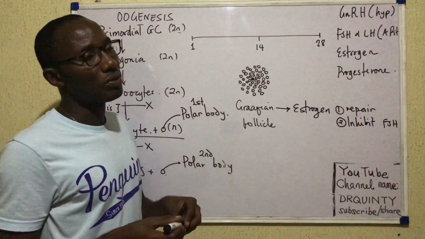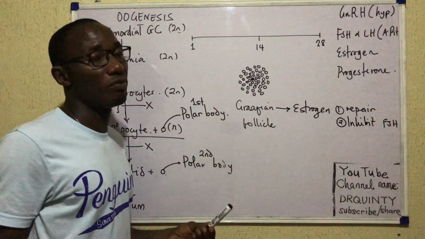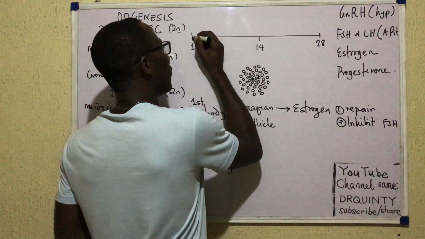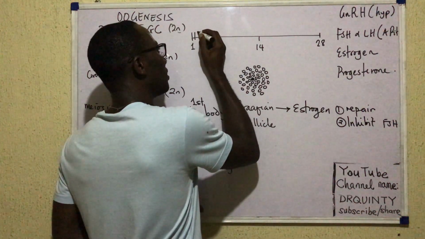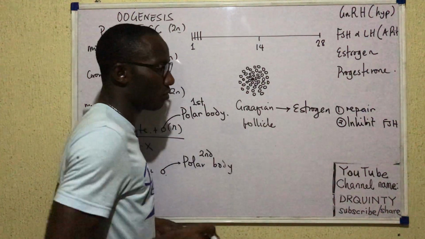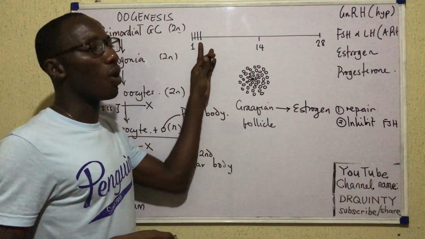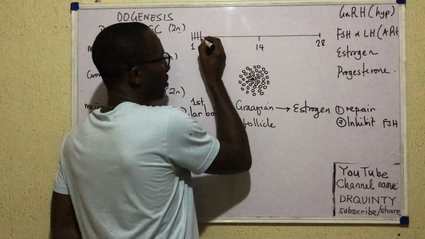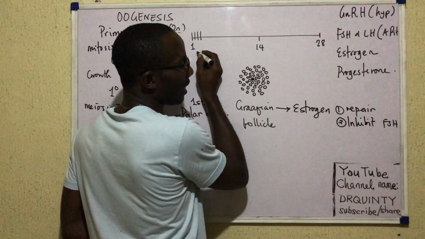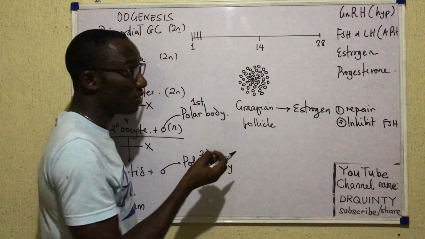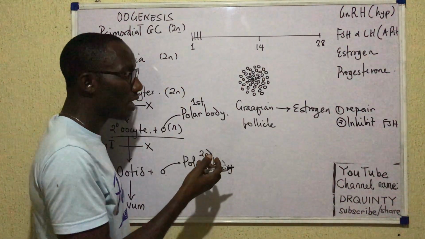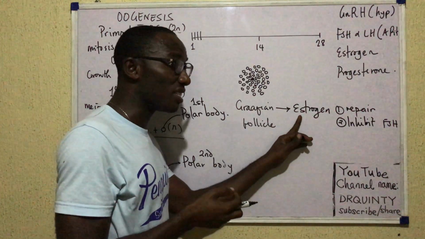And for a woman whose menses will last for 3-4 days, let's say 4 days, it means that she will see blood on the 4th, the 5th, the 6th, and the 7th of January. So those are days 1 to 4. During this period, of course, like we said, a follicle has started developing, and that follicle must have released estrogen.